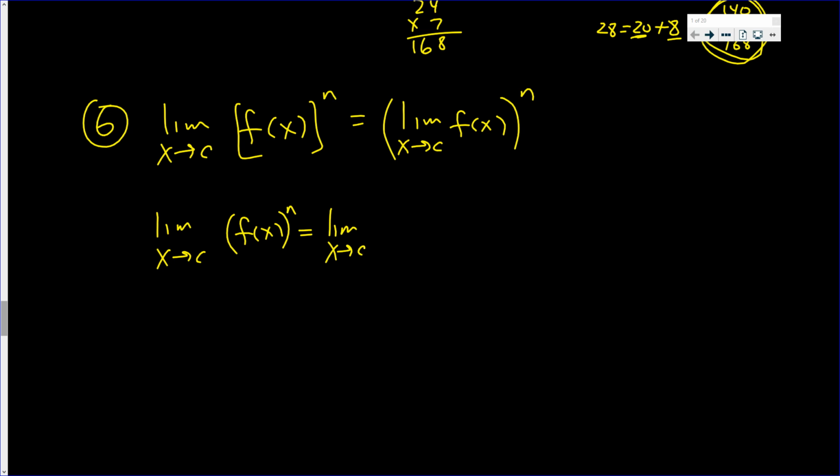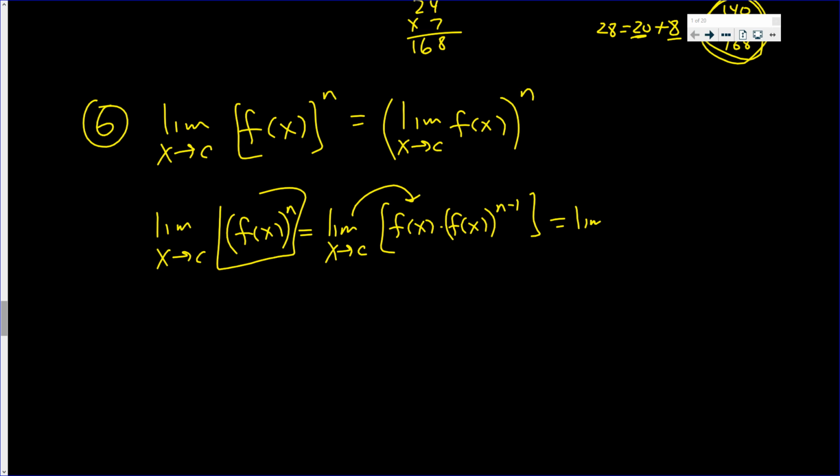Well, this here is the same as f of x times f of x to the n minus first power. Okay, now the rule tells us, the product rule says, you can take the limit of the first, and that is the limit of f of x, times the limit of the second function, f of x to the n minus 1.